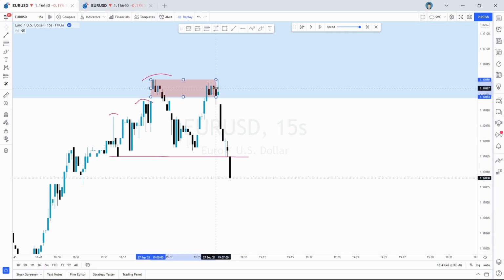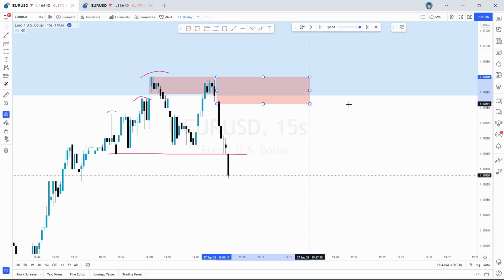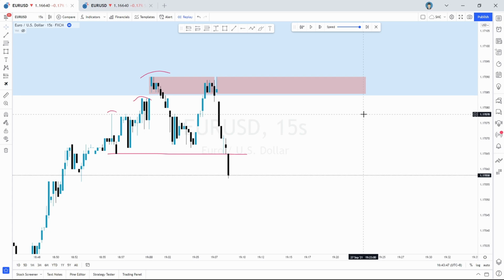You can use this 15-minute OB, but also remember that too much refining is good for your RR, but it's less probable for price to hit it. Since it's a very tiny zone, price could just touch this larger OB here. I'll show you in a few seconds.